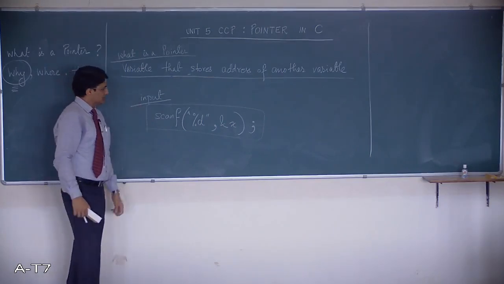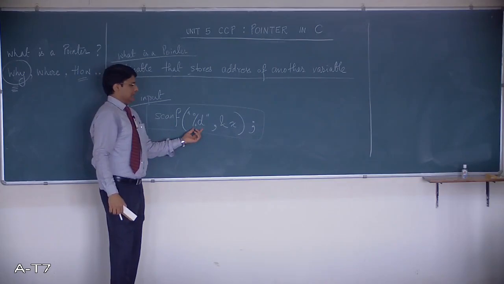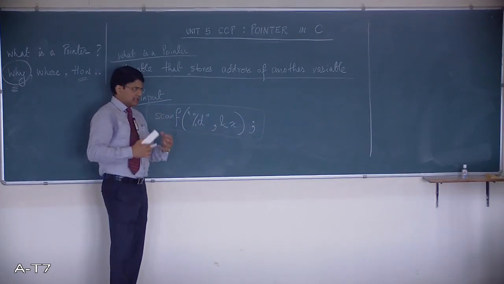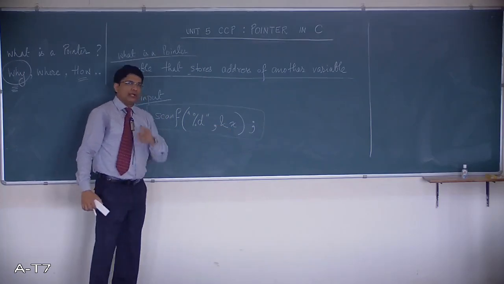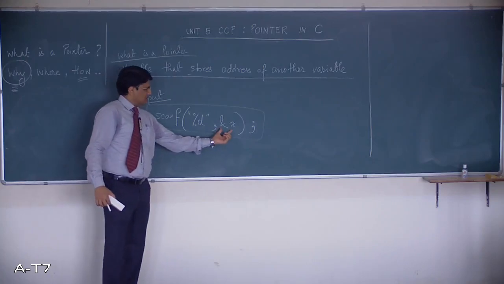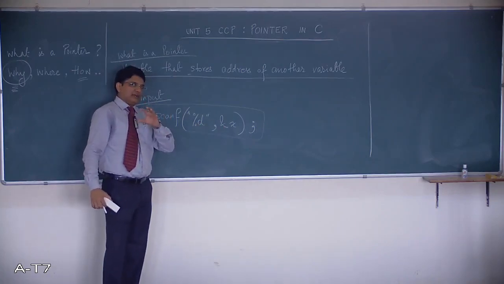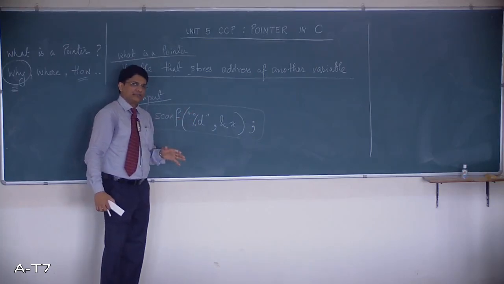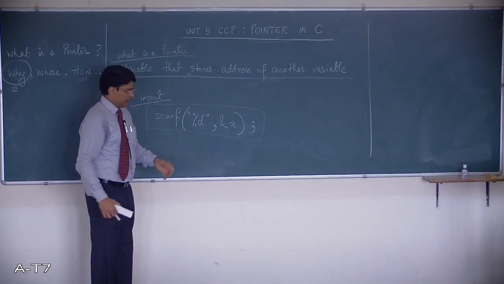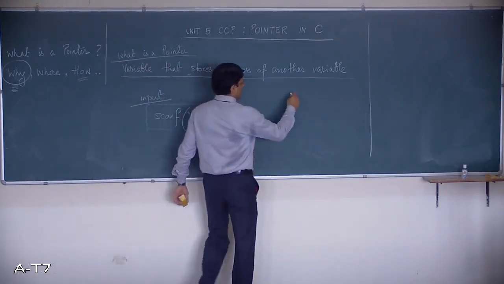A simple statement to take an input from the keyboard. What are we doing? An integer number coming from the keyboard has to be accepted and it has to be stored at the address of X. So this address concept we have been using even before we started studying pointers. Ampersand X means address of X.